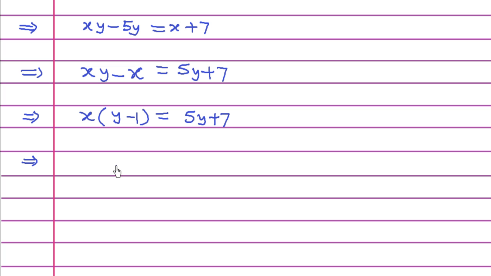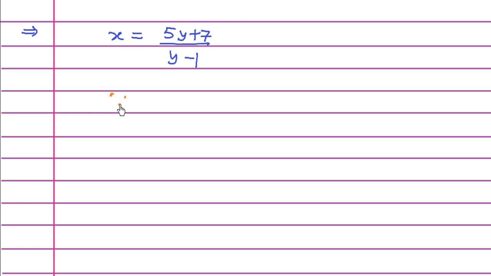Implies x is equal to 5y plus 7 over y minus 1. So now we again get a rational function. Here you see in the denominator y minus 1, because we know that the rational function denominator should not be equal to 0. So y minus 1 is not equal to 0. Therefore y should not equal 1.